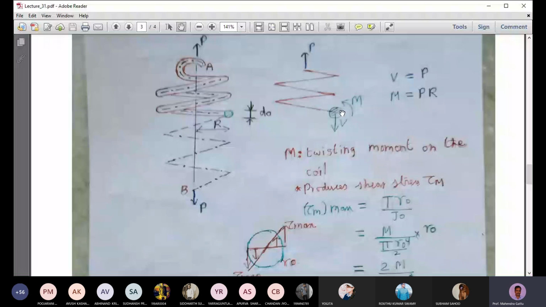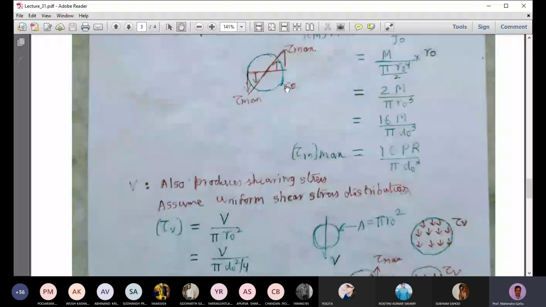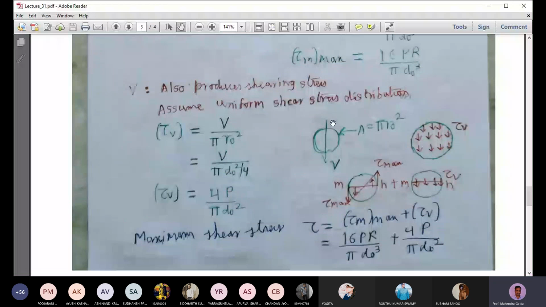There is another shear stress which is directly produced, the vertical shear V, acting on this cross section. The vertical shear is acting in the downward direction, and the area of this cross section is pi r naught square. We assume tau average to be almost equal to tau max, since for this small area there is not much difference between them.